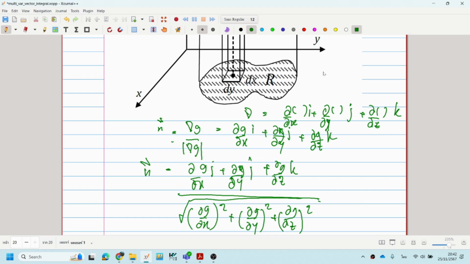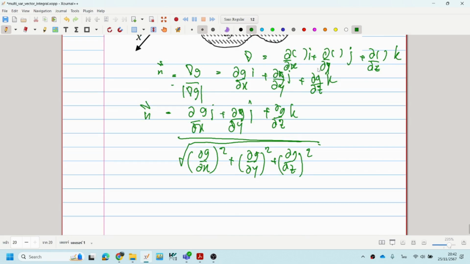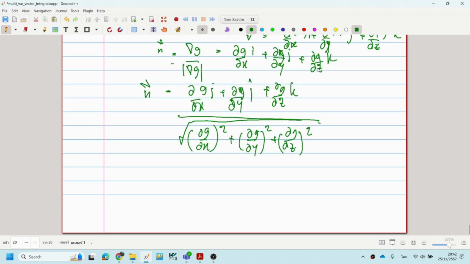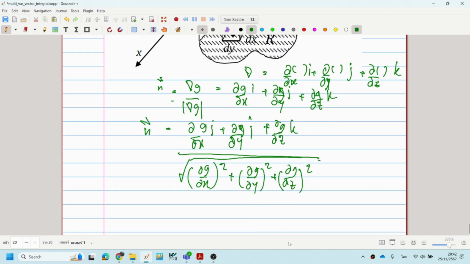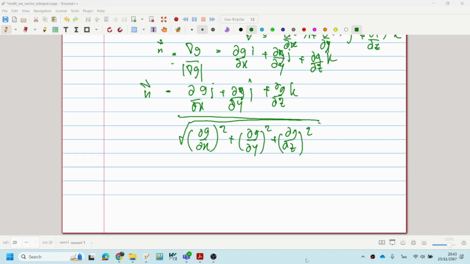The surface is defined by the normal vector and the unit normal vector. And don't forget plus and minus. Plus and minus mean that, on some surface, maybe you define a hole on the surface.